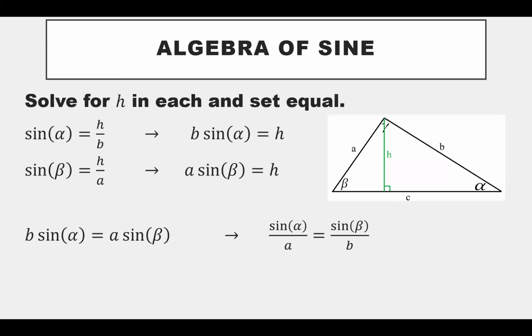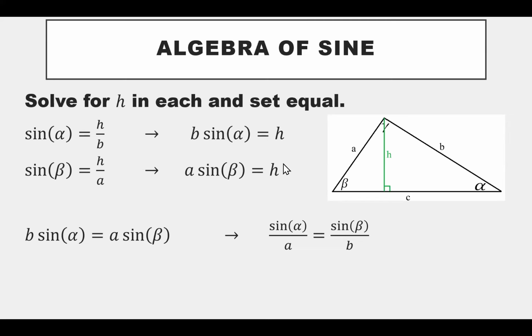Then we just apply some algebra to both equations. In our equation where sine of alpha is equal to h over b, multiply both sides by b, giving us b sine of alpha is equal to h. And in the equation where sine of beta is equal to h over a, multiply both sides by a, giving a times sine of beta is equal to h.